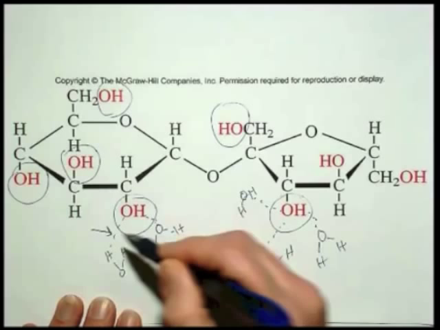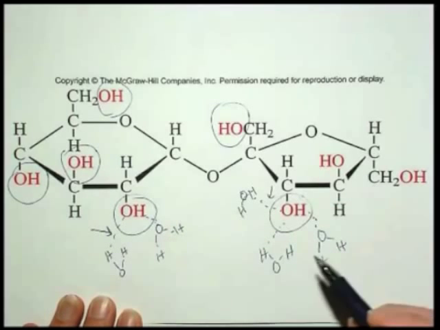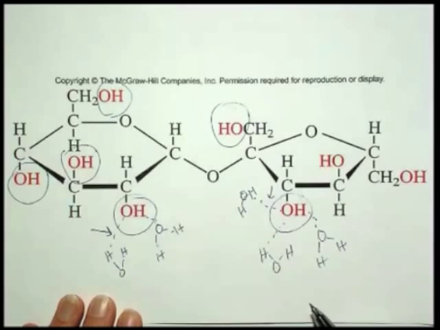So this is the hydrogen bonding occurring all over the place, and so enough water can get around all these OHs to pull the sugar molecule into solution as well.